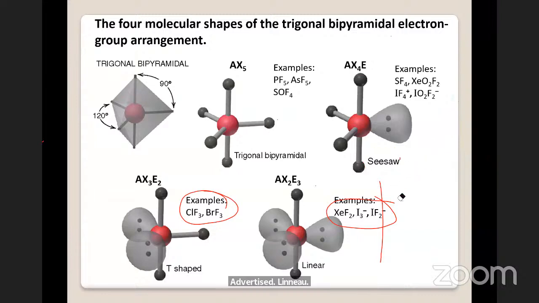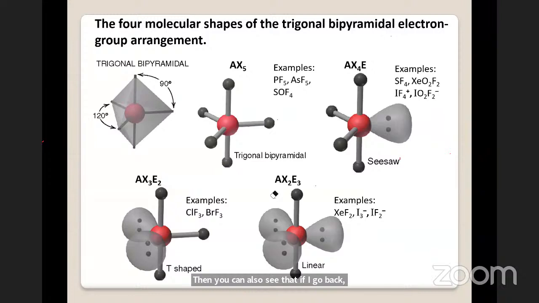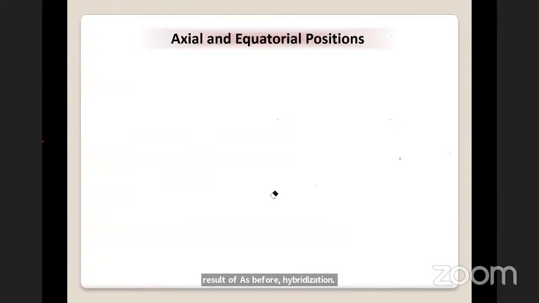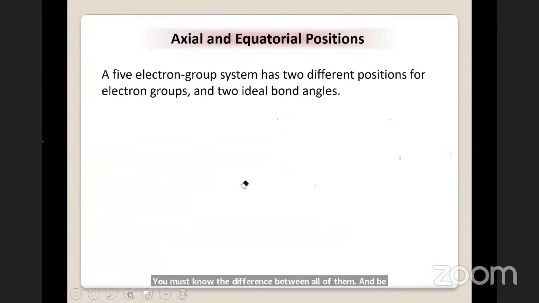Then you can also see that there are two types of bent molecule: bent as a result of sp3 hybridization, or bent as a result of sp2 hybridization. You must know the difference between all of them and be able to understand them.